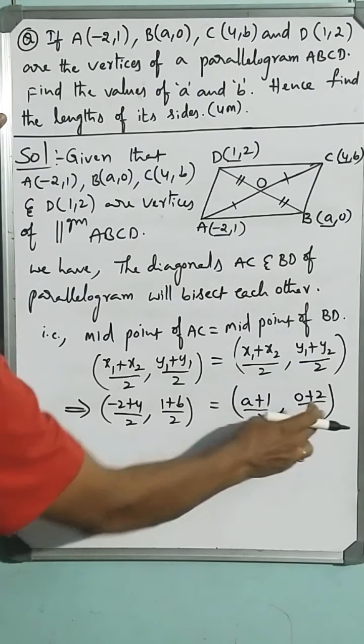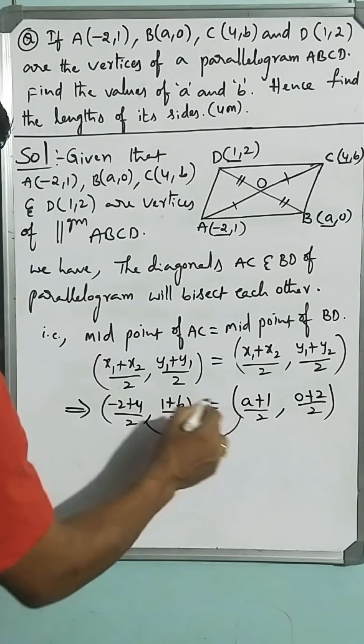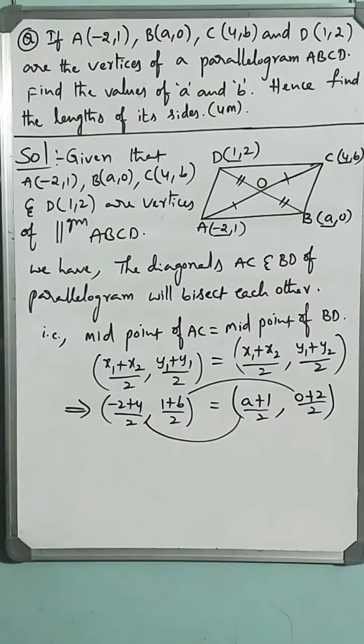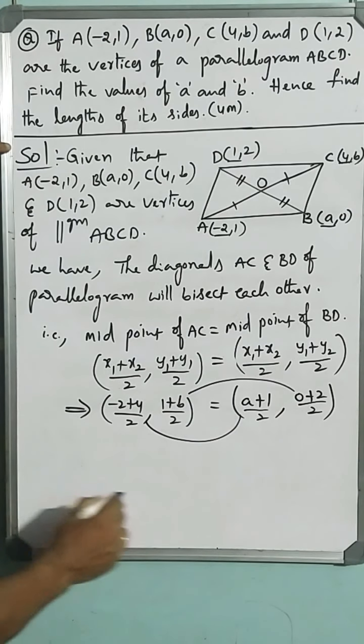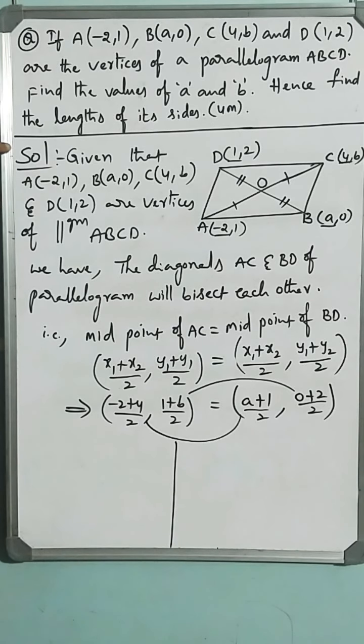If two ordered pairs are equal, the corresponding coordinates are equal, that is, abscissa and ordinates are equal. Let me equate those two to get the required values.